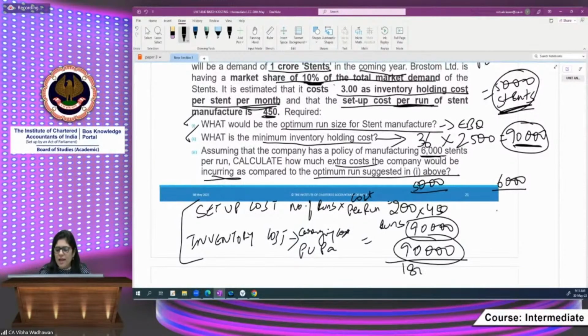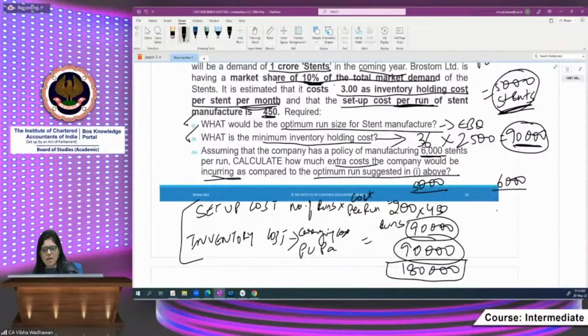That means you have calculated it correctly. If it's an approximate answer, then it might be slightly different. But otherwise, the setup cost and inventory holding cost will be equal if you calculate for economic batch quantity. I'm repeating: at economic batch quantity, the setup cost and the inventory cost will be equal, and the total cost will be minimum. So 1,80,000 will be the minimum total cost.